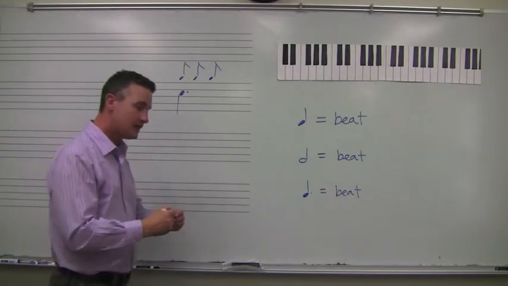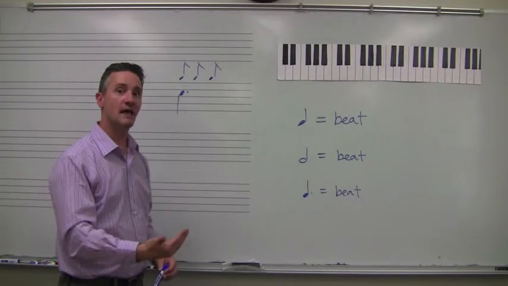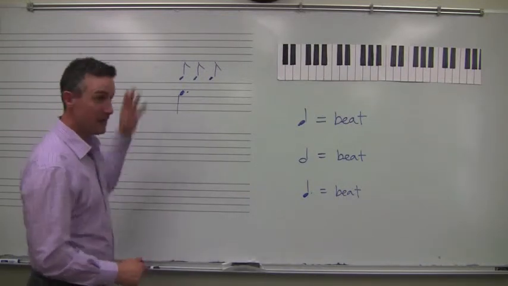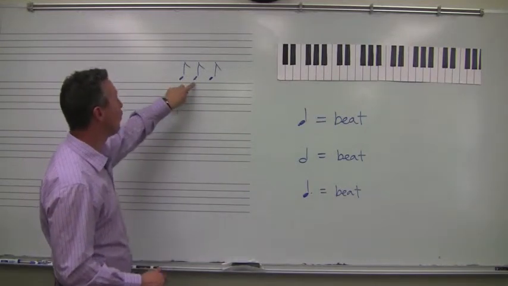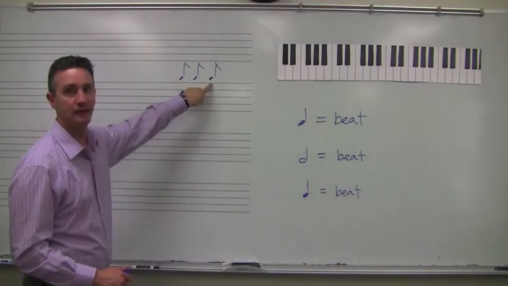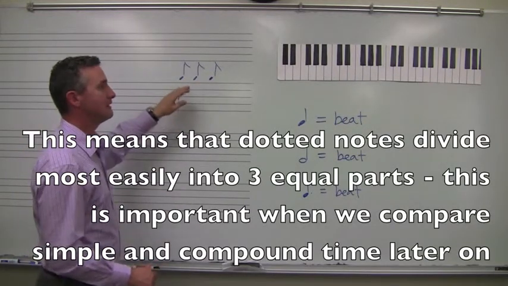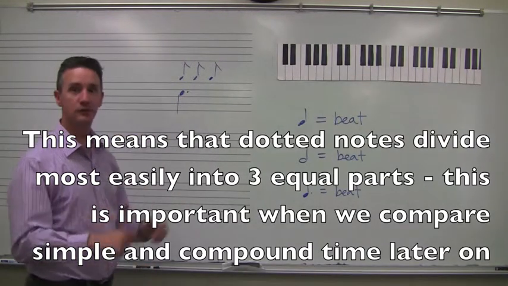So the technical definition is that a dot lengthens a note by half its original value. What that essentially means is that you take the original value and you add 1/2 again to it, creating a 3-note grouping that is equivalent to this one dotted note.